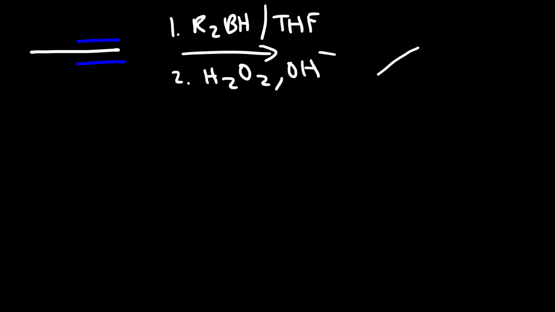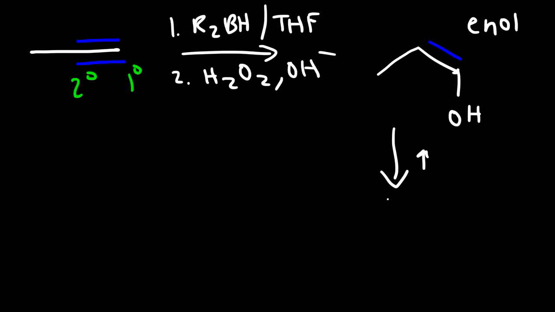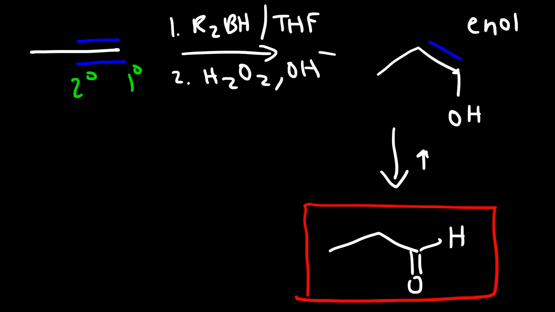Initially, the triple bond will be reduced to a double bond, and we're still going to get anti-Markovnikov regiochemistry. The OH group will go on the primary carbon as opposed to the secondary carbon. This is called an enol. Now the enol is going to tautomerize into the aldehyde form. And so this is going to be the major product of this reaction. So the hydroboration reaction of a terminal alkyne will give you an aldehyde.